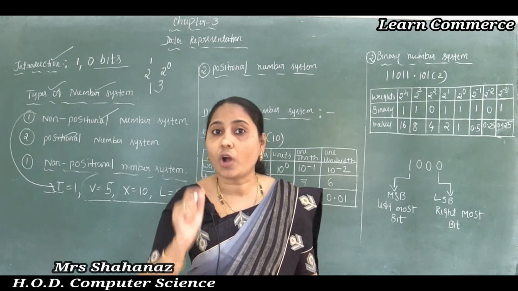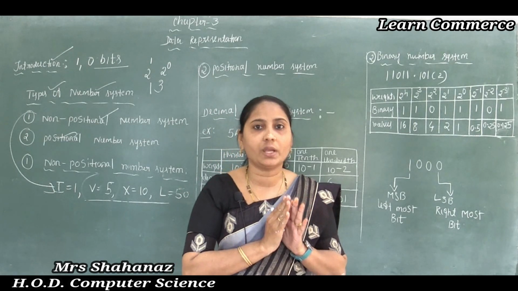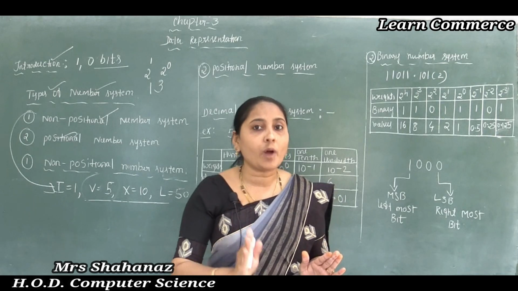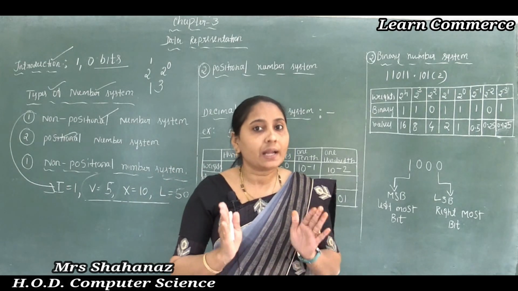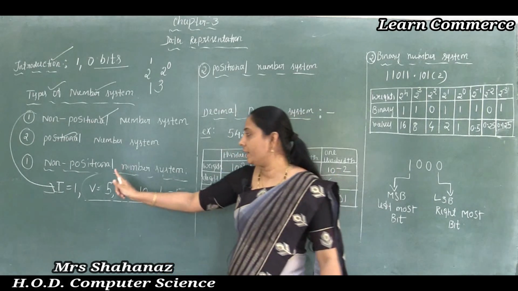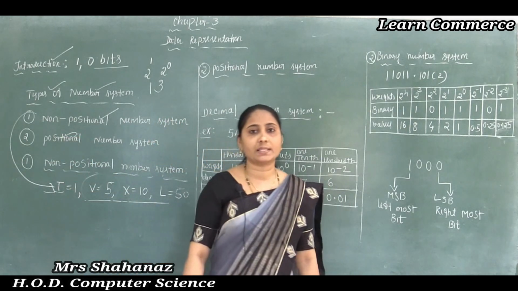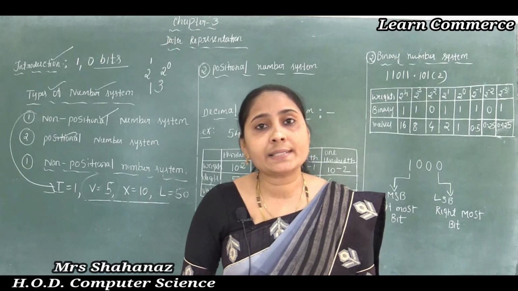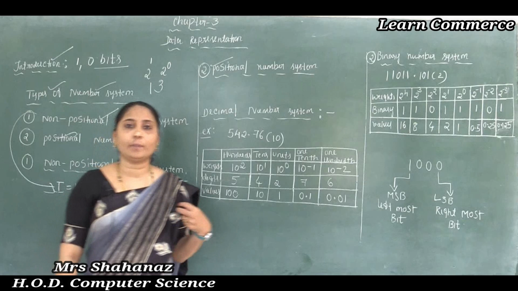It is not possible to represent a large quantity of numbers, and it cannot be effectively used to perform arithmetic operations like addition and subtraction here. Correct, no? So it is inconvenient. Because of this reason, another number system was introduced, called the positional number system. Okay, now we'll go for the second type, our positional number system.